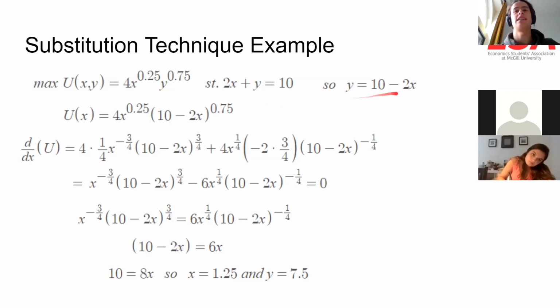So the way you start your substitution technique is by rearranging the constraint like this. This enables us to change our utility function, or our objective function, to this, as we just substituted y by 10 minus 2x.